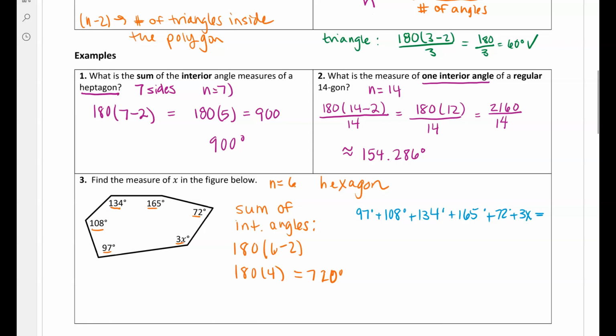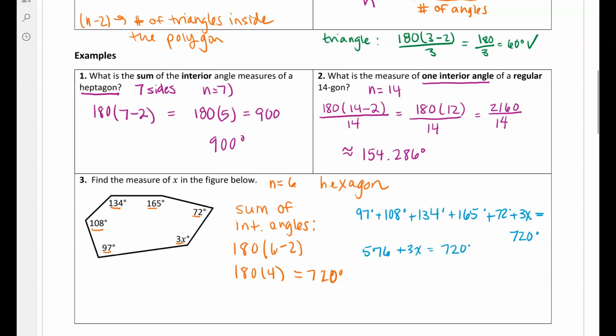All of that should equal 720. I'm going to carefully add those up off screen: 97 plus 108 plus 134 plus 165 plus 72. I can't add 3x to that, but when I combine those constant terms, I get 576, and that plus 3x should add up to 720.